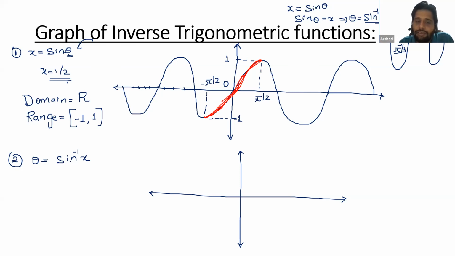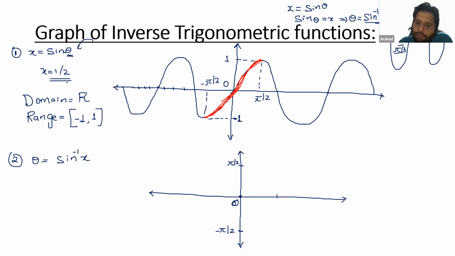When we are finding the inverse, everything will become reverse. In the original function, angles were given on the x-axis. Now the angle will go on the y-axis. So here you have 0, here you have pi/2, and here you have -pi/2. The values were earlier on the y-axis.